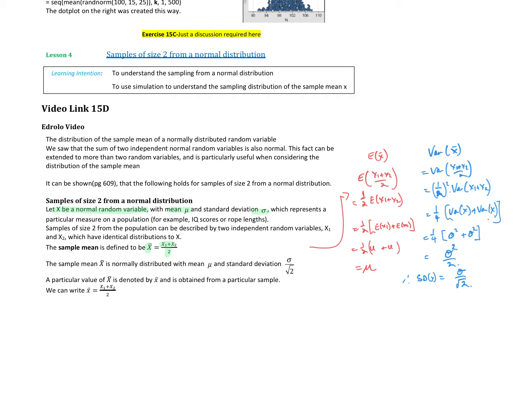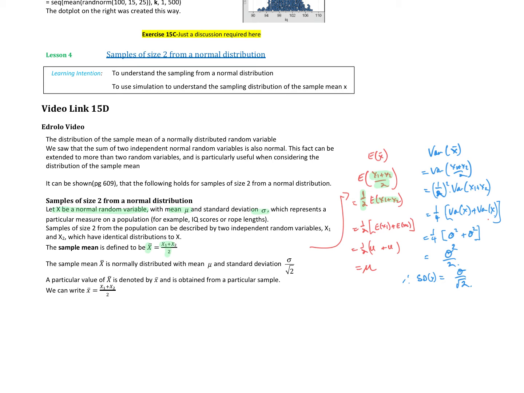So now if we consider what the expected value of that average and the variance of that average are, well, the expected value is just E of (x1 plus x2) on 2, which is just the average that we had. We know that this is a linear combination, so the half can come out the front, and I've just got E of x1 plus E of x2.